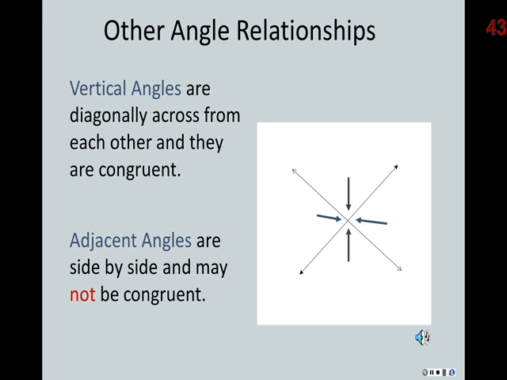All we know is that they're side by side. Okay? And that's what an adjacent angle is. Also, another word that you might want to put in your packet, because you guys are going to use this other word, but it means the same as this, is linear. Linear is the same as side by side. So linear and adjacent angles and side by side all mean the same thing.